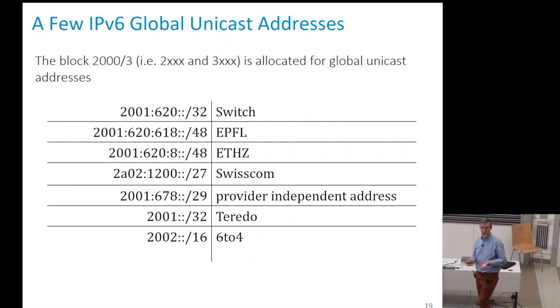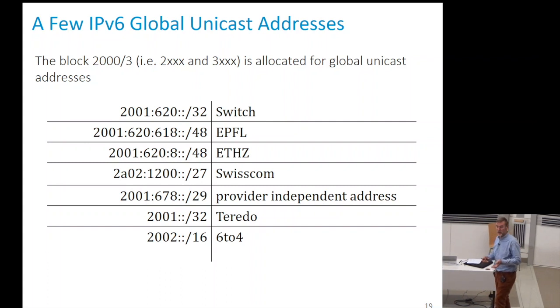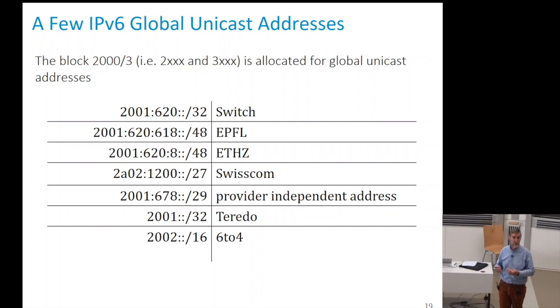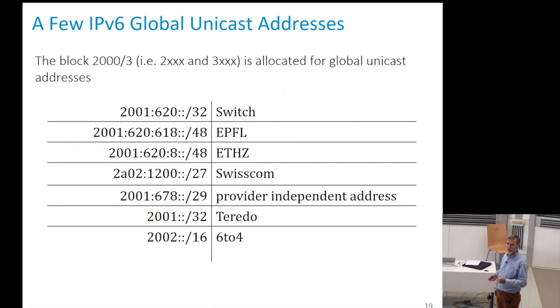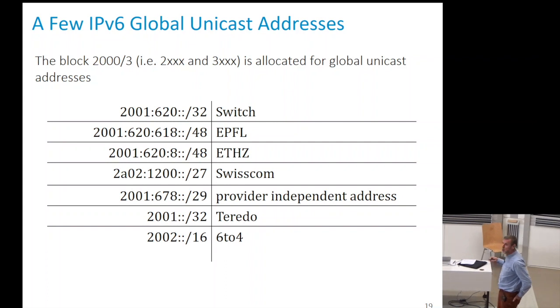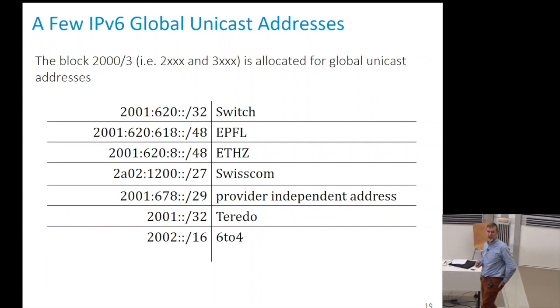ETH, which is also served by Switch, is 129.132, which is not in the same block, so that Switch has multiple blocks of IPv4 addresses. In IPv6, we don't have that. Switch has only 1 block, and all the customers of Switch are sub-blocks of this. What is the advantage?